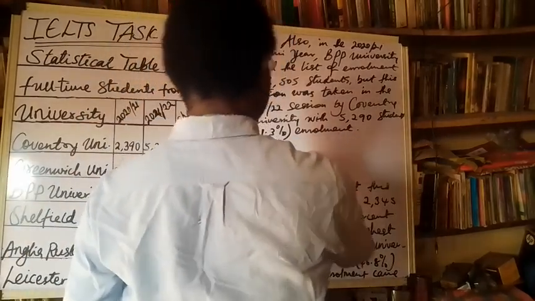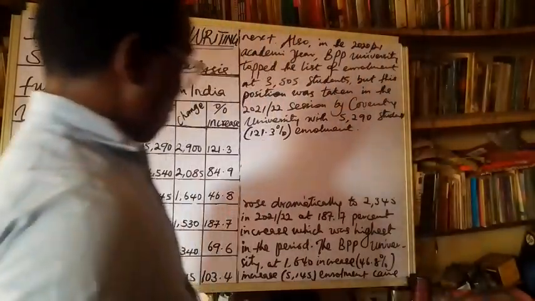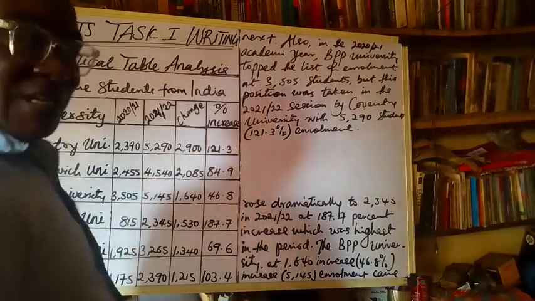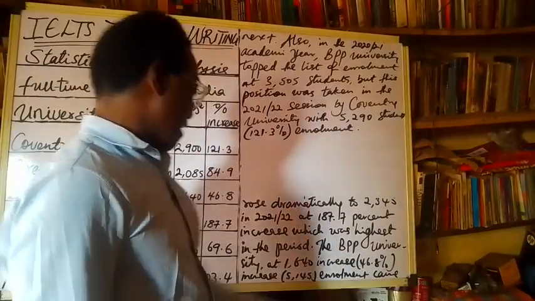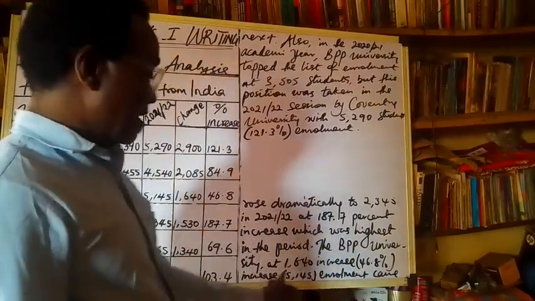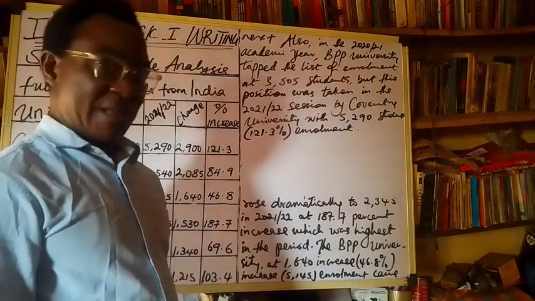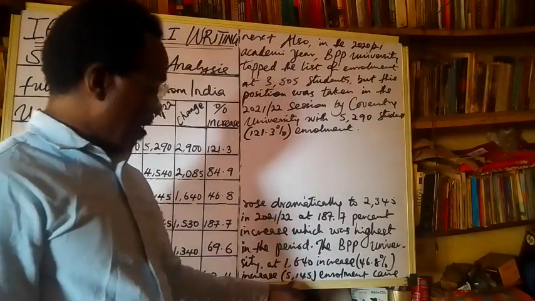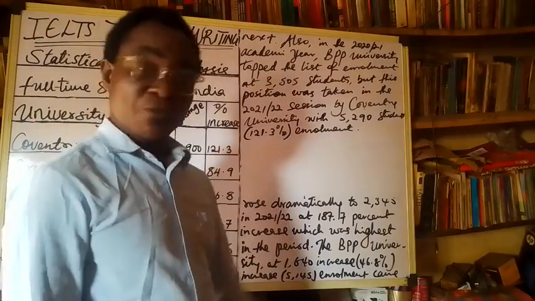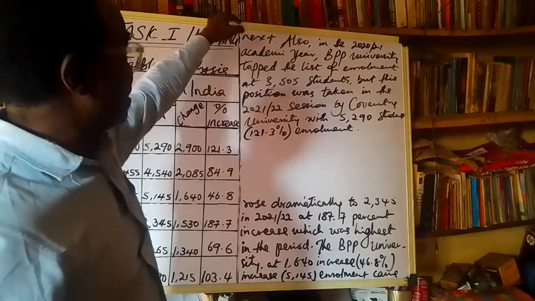So, we take a look at this third paragraph, which has come to an end. Continuing from here, it says the BPP University at 1,640 increment, that is a 46.8% increase, or 5,145 enrollment, came next, that is next after Sheffield University.